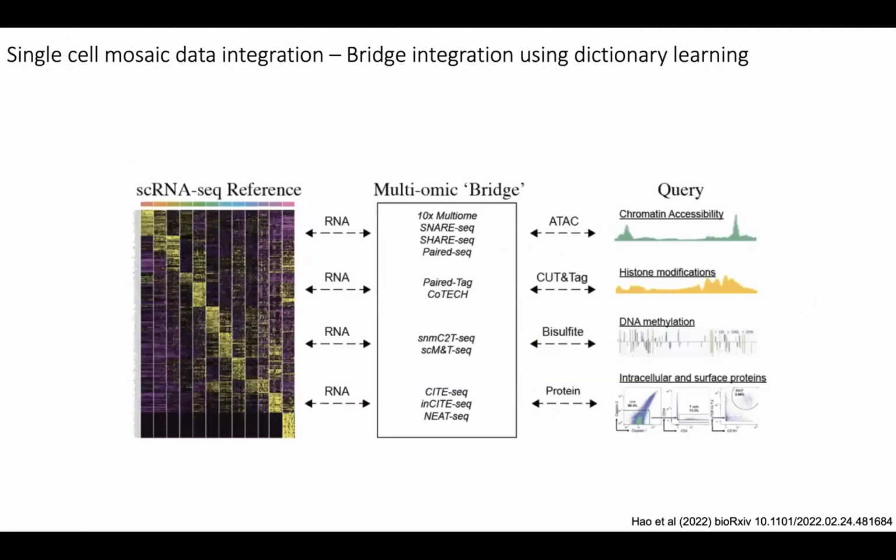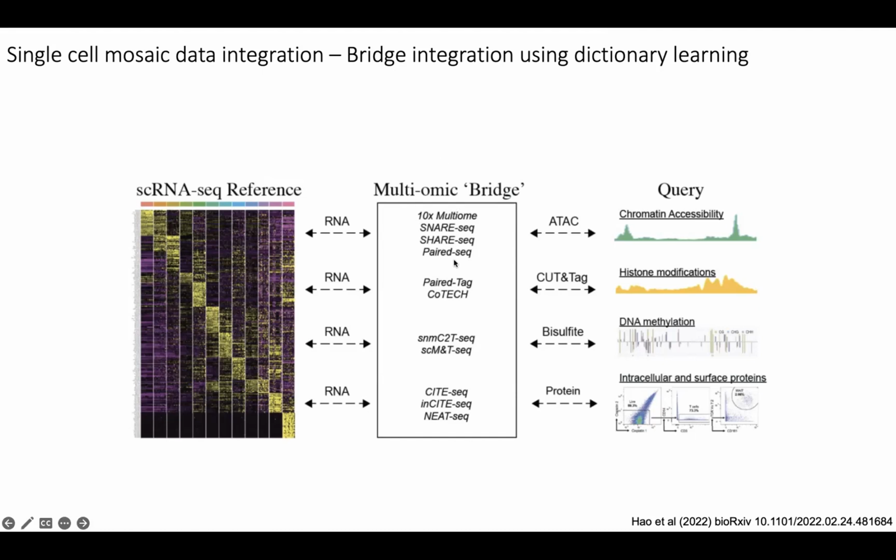And then finally, an approach that came out earlier this year is called bridge integration. This uses the idea of dictionary learning. Rather than considering features to be shared, you assume that there exist some cells that are consistent between the two different data sets.